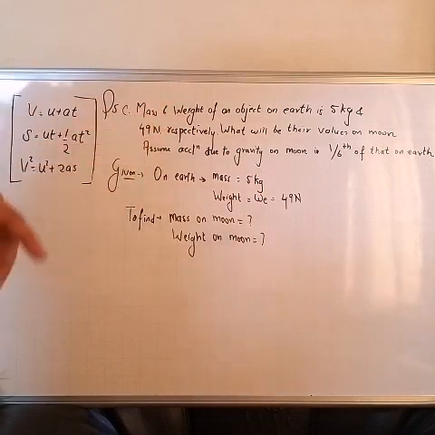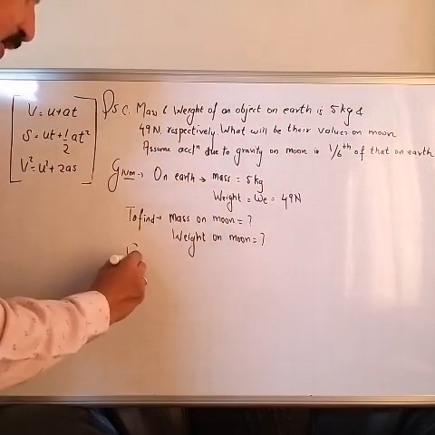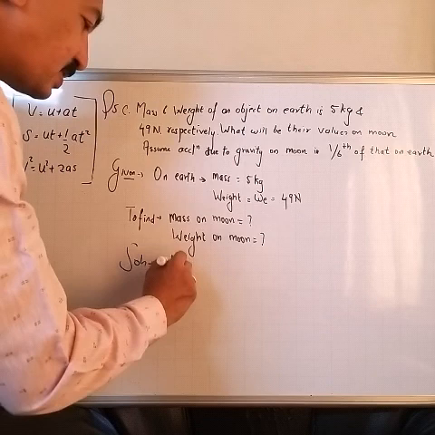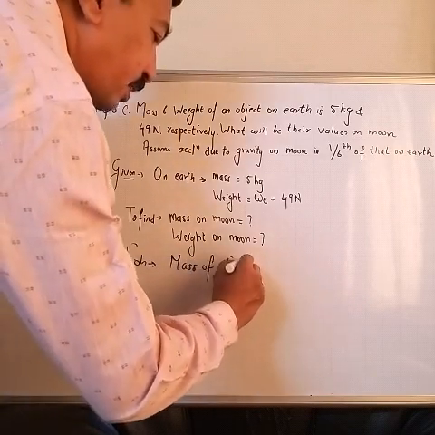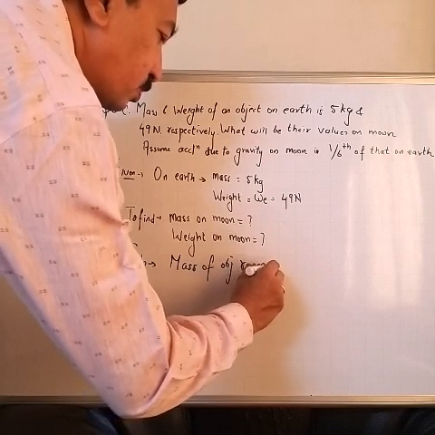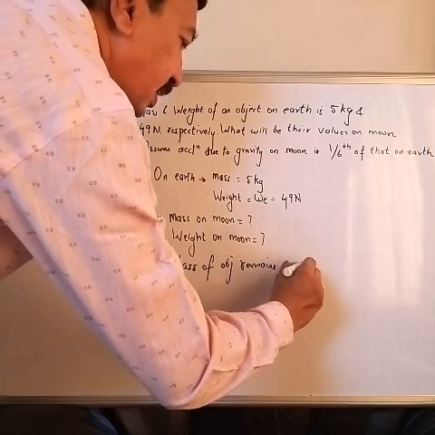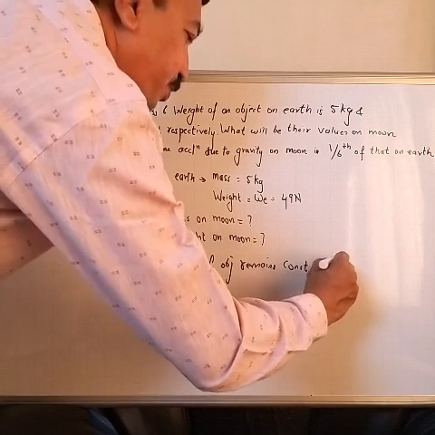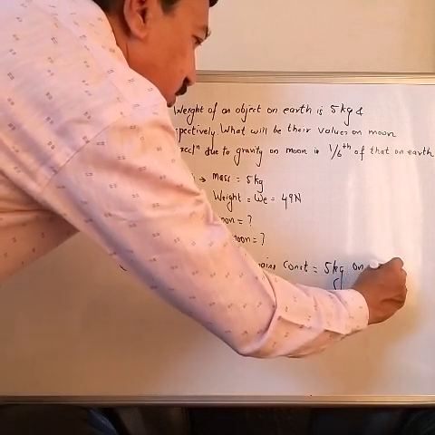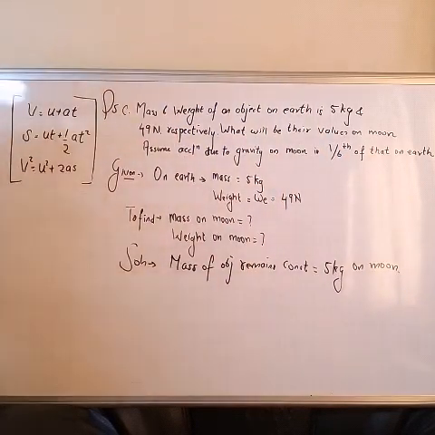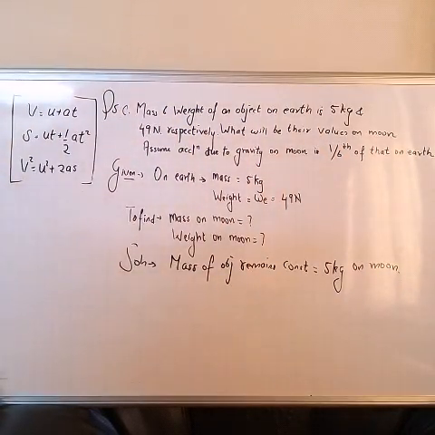So, the first answer will be that mass of object remains constant, and that will be equal to 5 kg on moon. The object will have same mass, that is 5 kg on the moon.